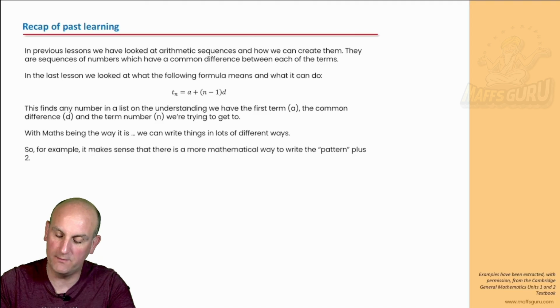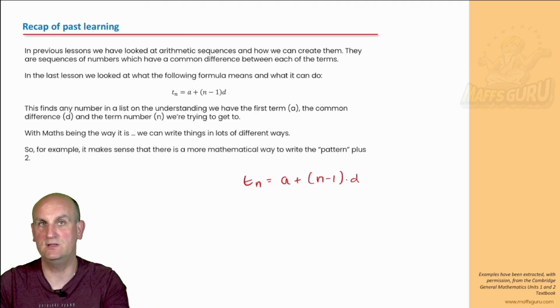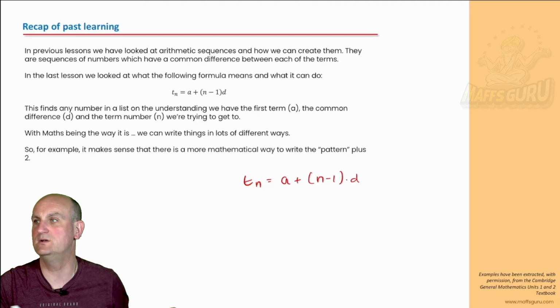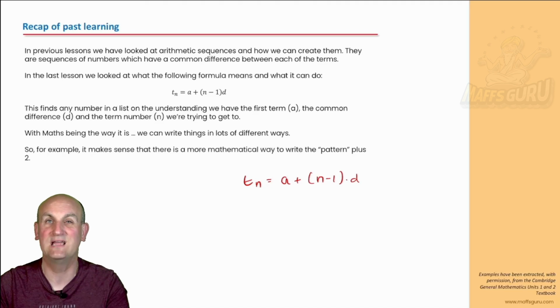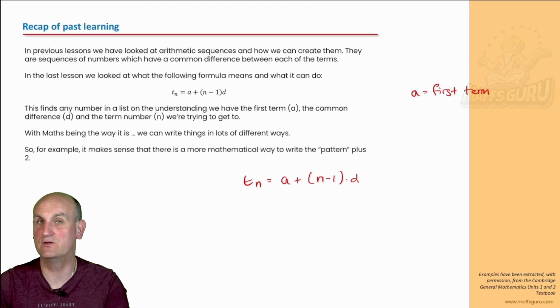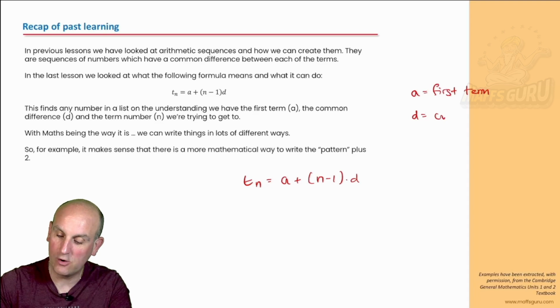And we came up with a formula that said T of n is equal to A plus n minus 1 times D. Now, this was to get to the nth term. This wasn't a term to term rule. It was, if I wanted to know what the 47th number on the list was, how would I work it out? A was my first term, the first number in my list, which is a bit subjective because we can choose any first term really. And D was given by my common difference.